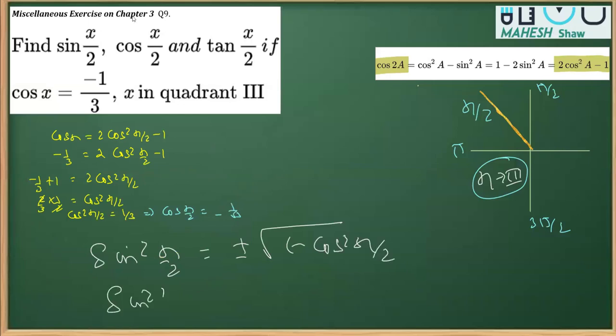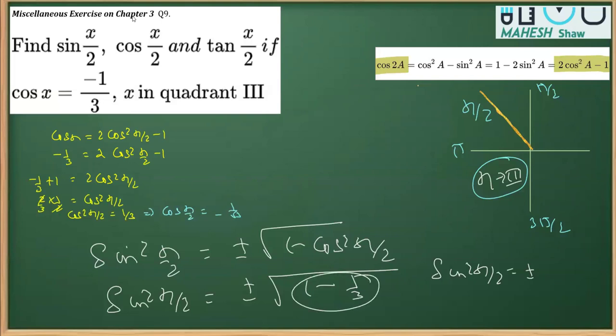So we can find sin x by 2 as plus minus under root 1 minus cos square x by 2. That means 1 minus the square of this, which is 1 over 3. On simplifying, this is 2 by 3.